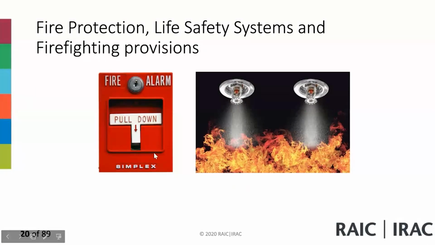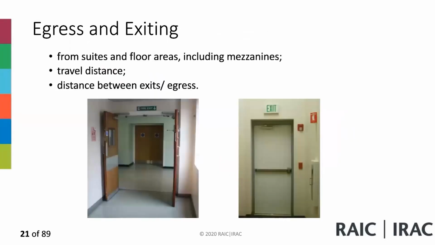In fire protection, we're going to go over fire protection systems, life safety systems, and firefighting provisions. Fire protection systems are typically the active systems like sprinklers and standpipes. Life safety systems are more the detection, alarm, and communication systems. Firefighting provisions are related to fire department access and water supplies.